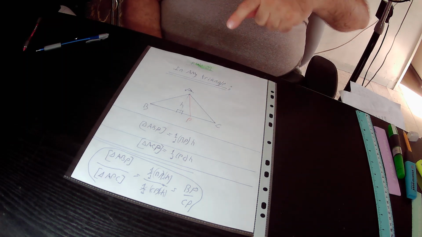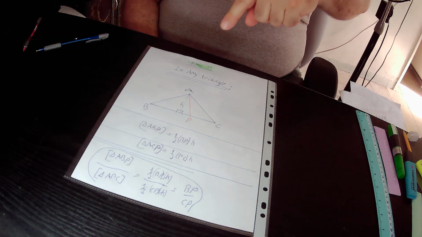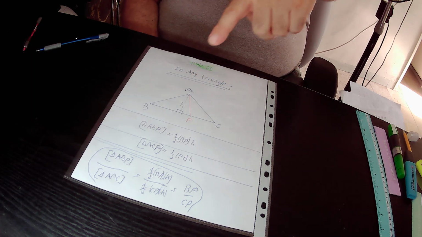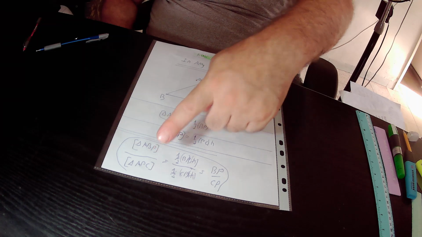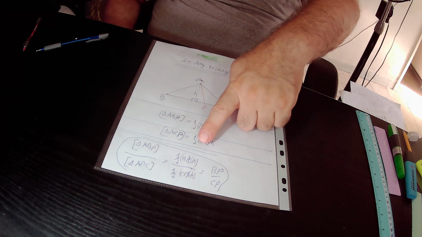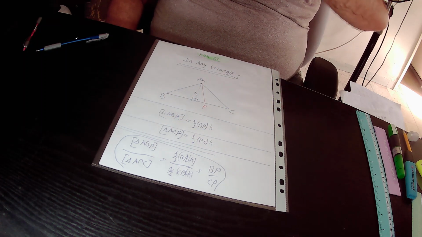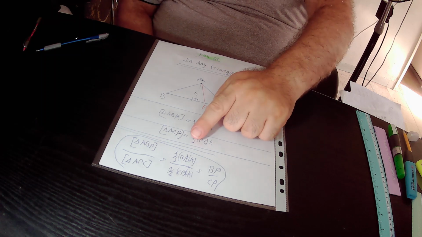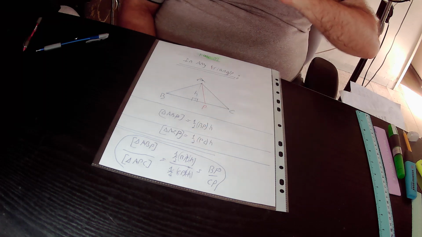Both triangles have the same height H. So the ratio between the area of triangle ABP over the area of triangle APC is BP times H over 2 over CP times H over 2.